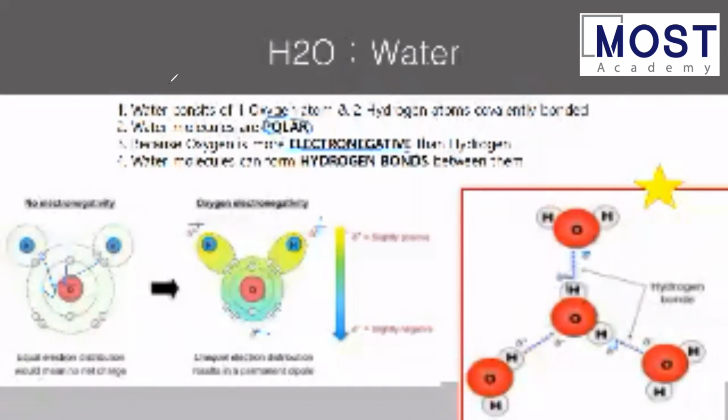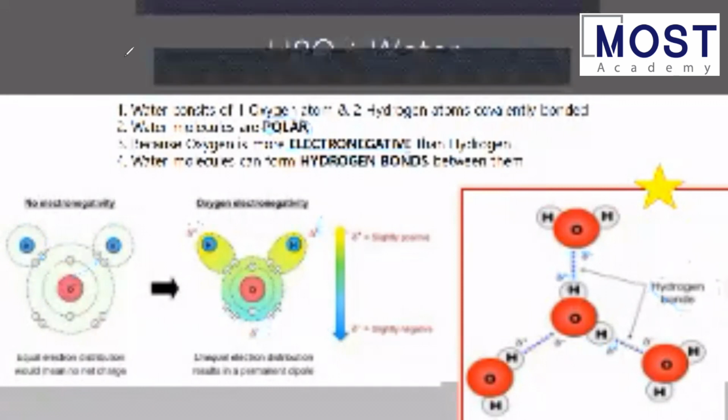These form attractions called hydrogen bonds. Okay, so hydrogen bonds are intermolecular forces, bonds. And hydrogen bonds are very strong, so it requires high energy for them to break.